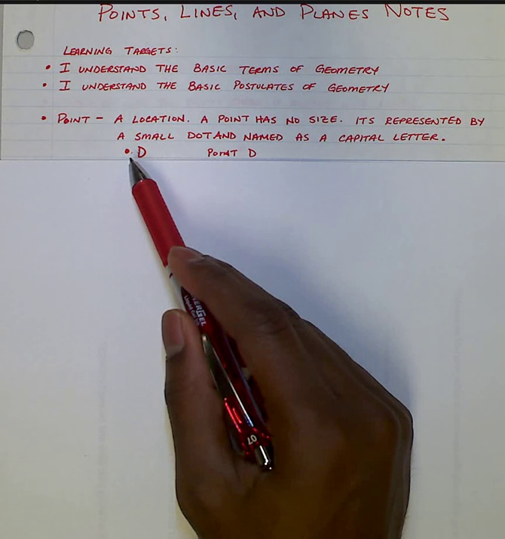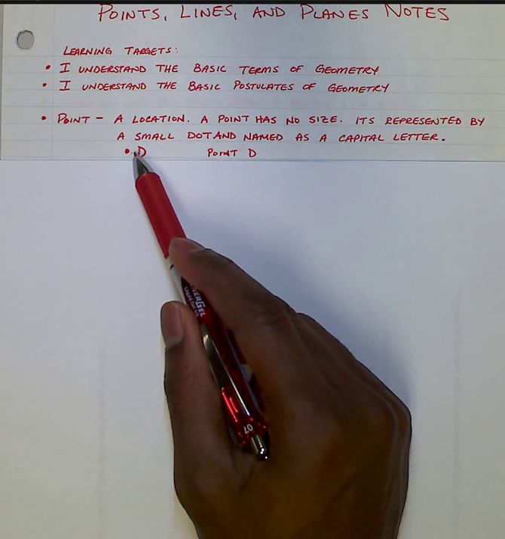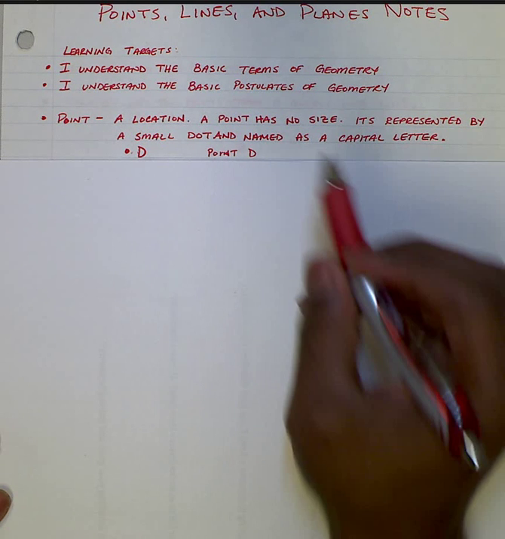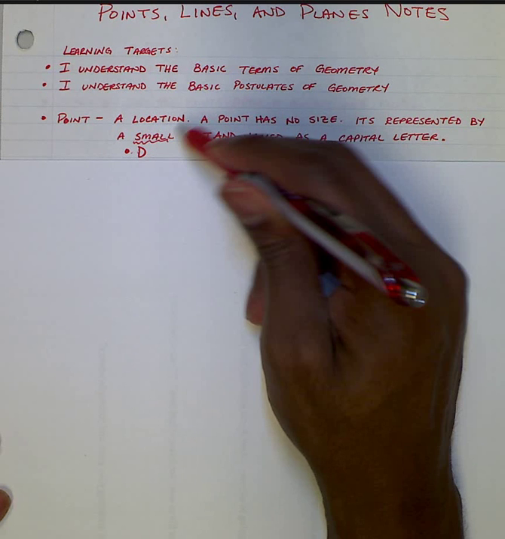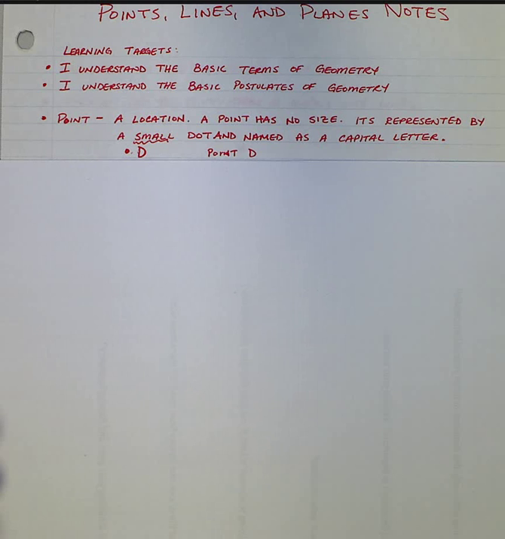You see when I draw it, it has a size. It's a small dot. It's funny that the definition says a point has no size and it's represented by a small dot. Small means size. So there's kind of a contradiction in its definition, and it has to be with these terms that we'll start off with. So point: it's a small dot. It's a location.